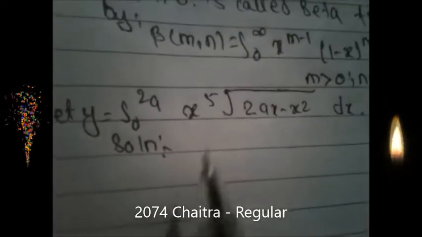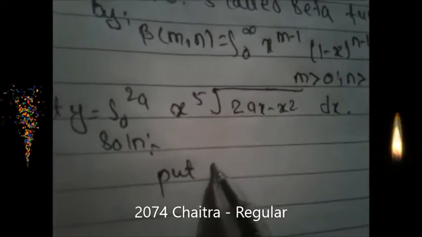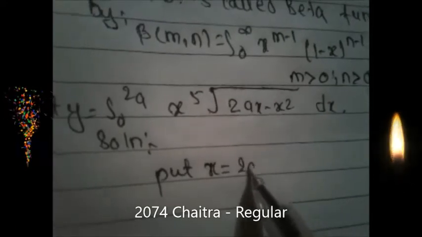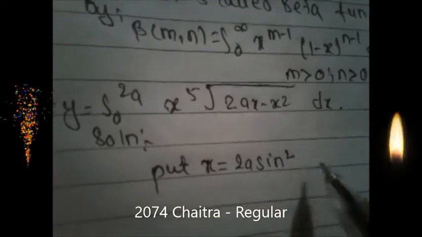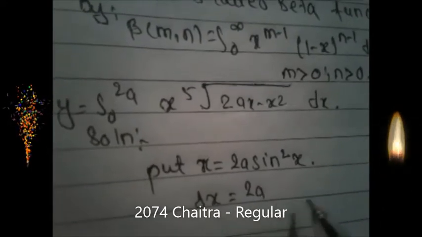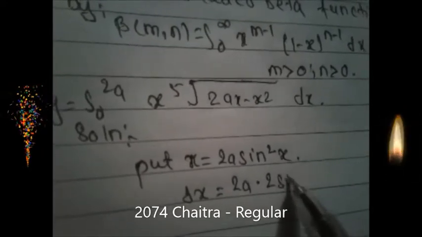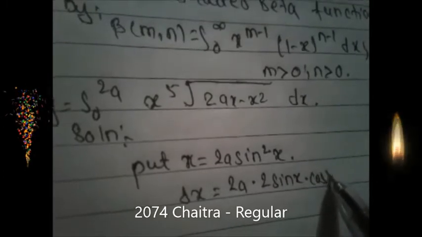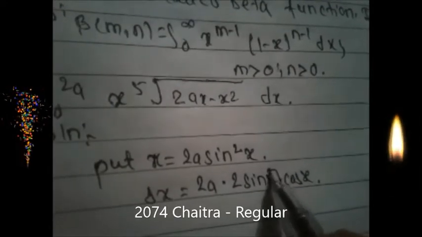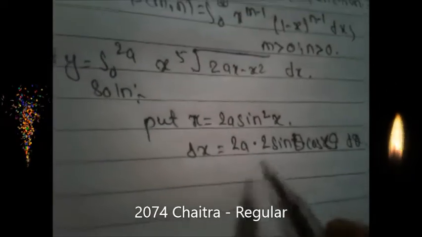What we do, we put the value of x as 2a sine square theta, then we get dx is equal to 2a into 2 sine theta cos theta d theta.